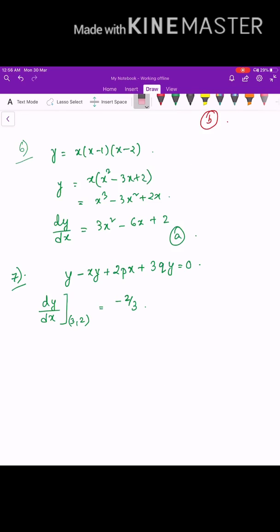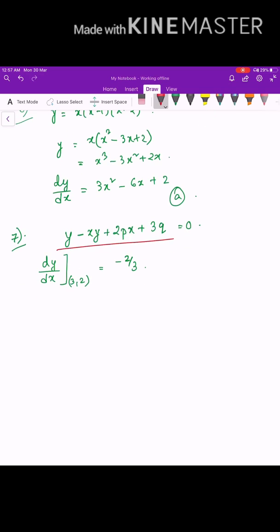I have to find the values of p and q. Here I have to differentiate the given expression in order to get dy by dx. So the given curve is given, I have to differentiate it with respect to x.